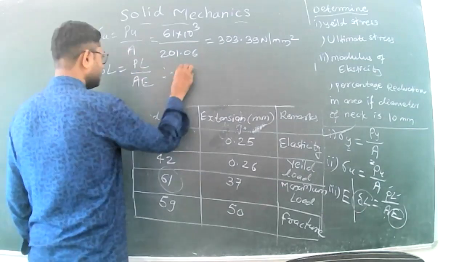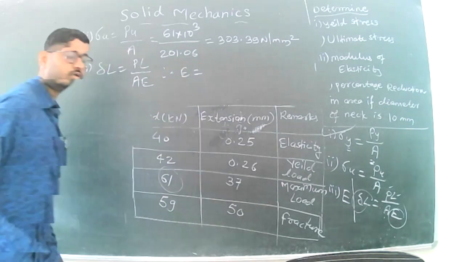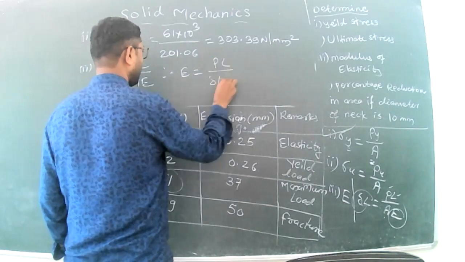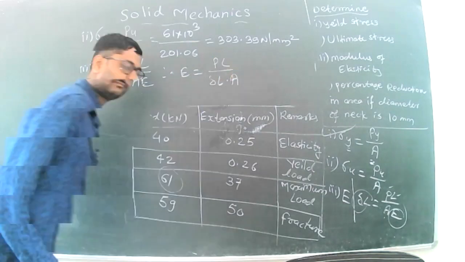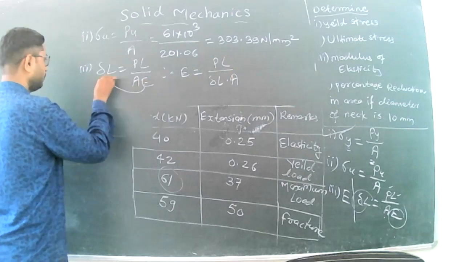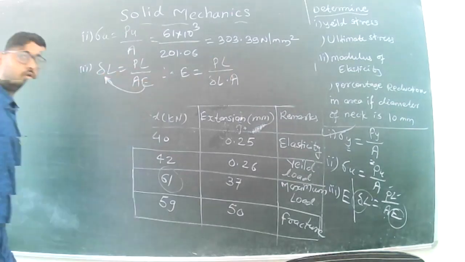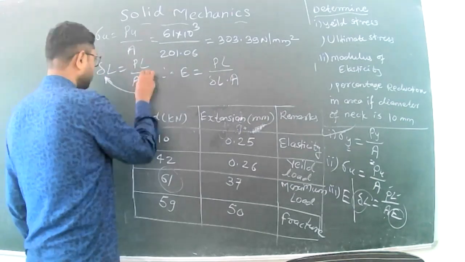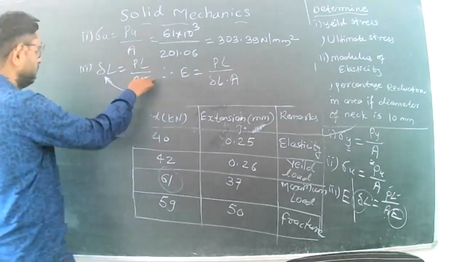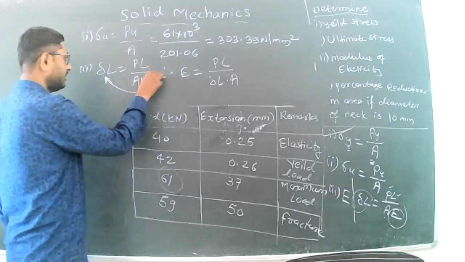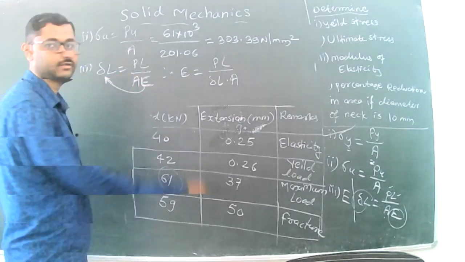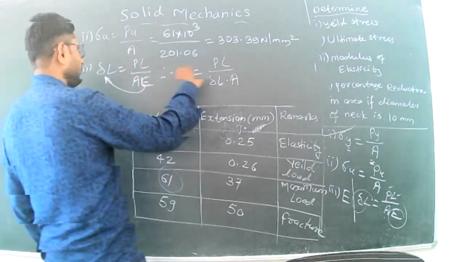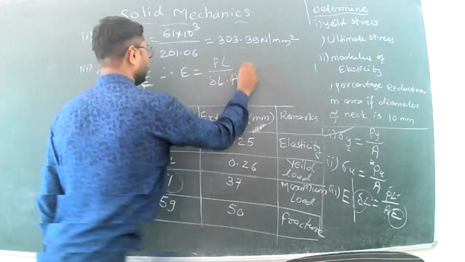By rearranging this equation, E, modulus of elasticity, is PL upon delta L into A. We have to shift this E from the denominator to the left side. The new equation is E is equal to PL upon delta L into A.